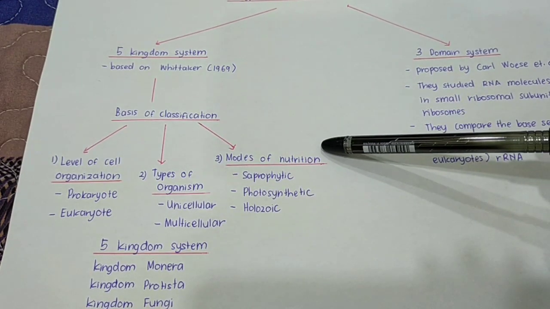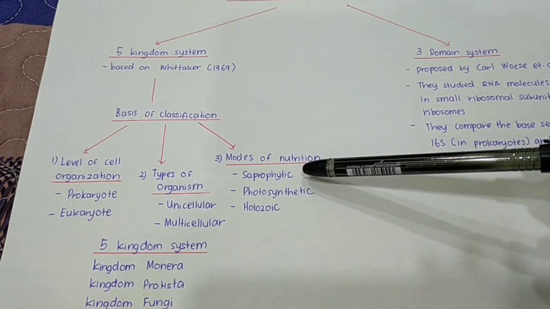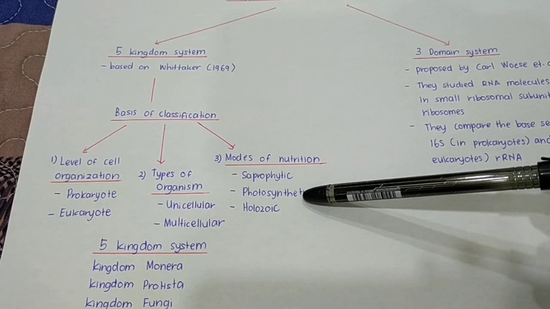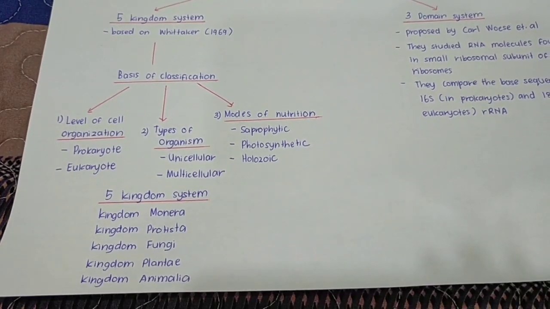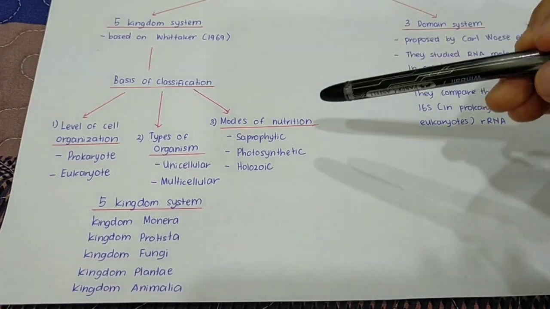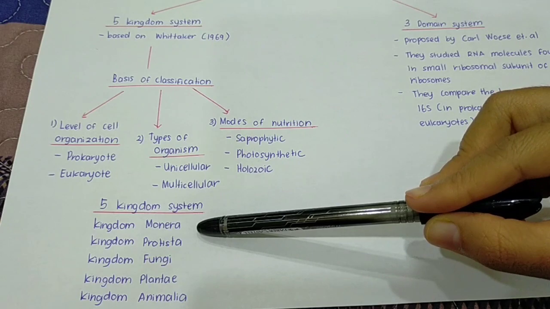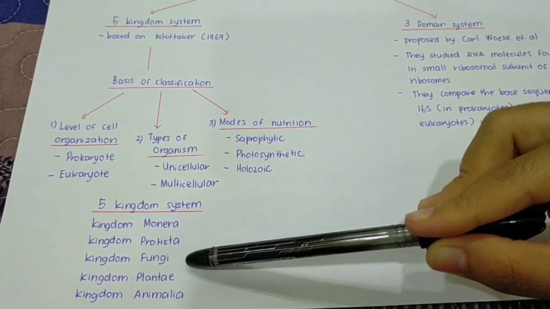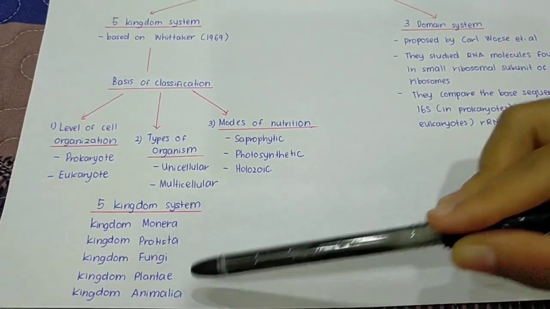And then the third one based on the modes of nutrition. So there are 3 types of modes of nutrition. The first one we call as saprophytic, second photosynthetic, another one holozoic. Okay, so the 5 kingdom system, based on Whittaker, there are 5 kingdoms, which are the first one we call as kingdom Monera, second kingdom Protista, third kingdom Fungi, fourth kingdom Plantae, and the last one kingdom Animalia.